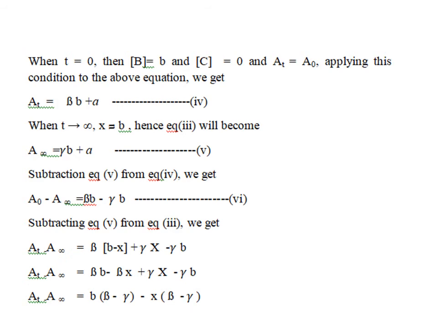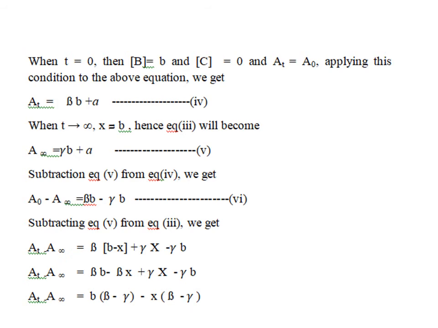Now dear students, subtracting equation number 5 from equation 4, we get A_0, that is absorbance at initial conditions, minus absorbance at infinity, equal to beta b minus gamma b.